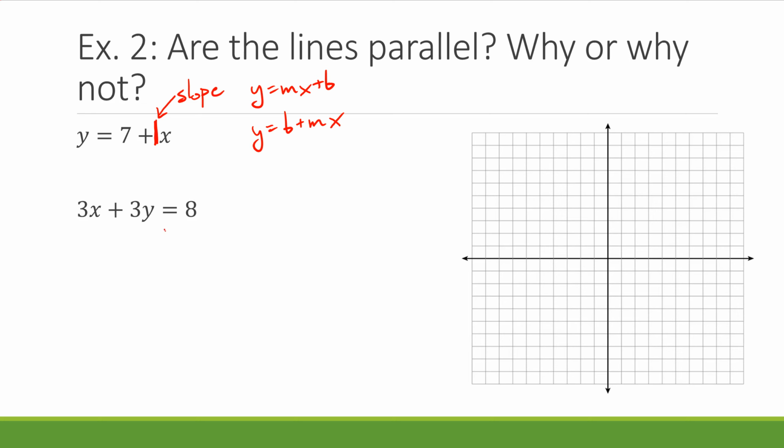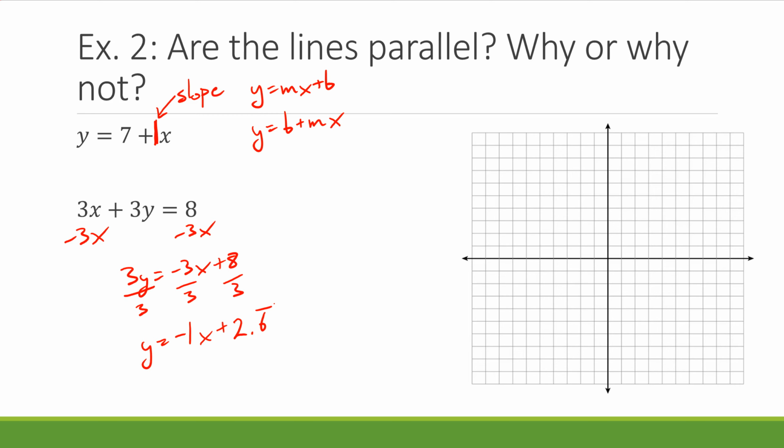Let's look at this second line and see if it has the same slope. I can do that by converting to slope-intercept form. Isolate the y. So subtract 3x, subtract 3x. I have 3y equals negative 3x plus 8. Divide through by 3. I have y equals, let's see, negative 1x plus, this would actually be 2.6 continuing.